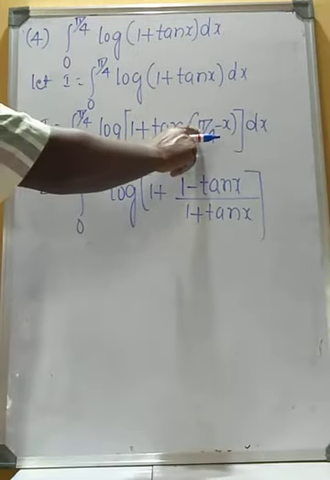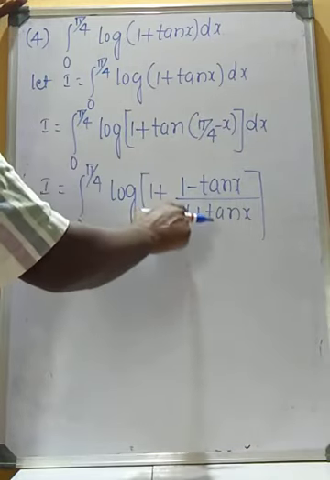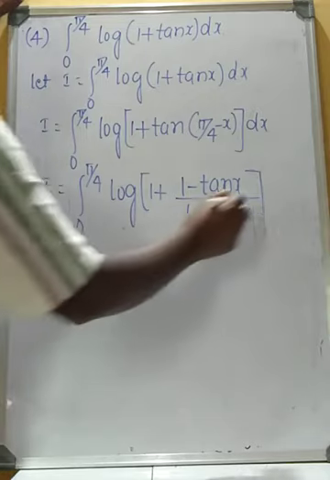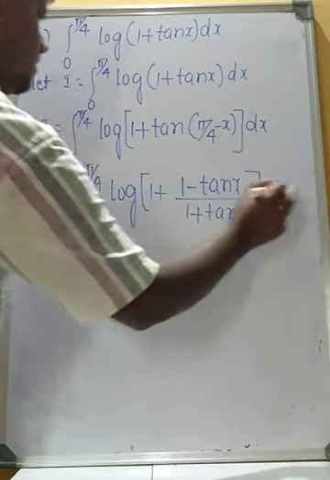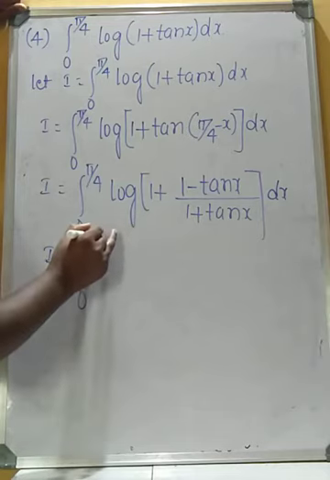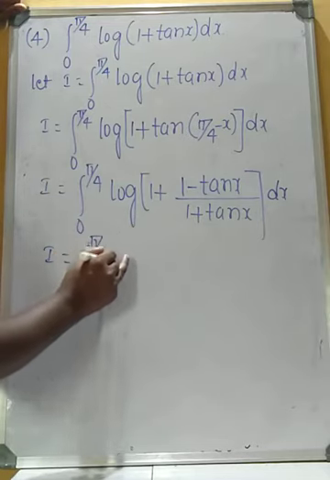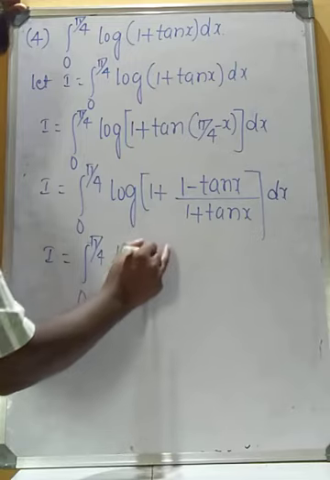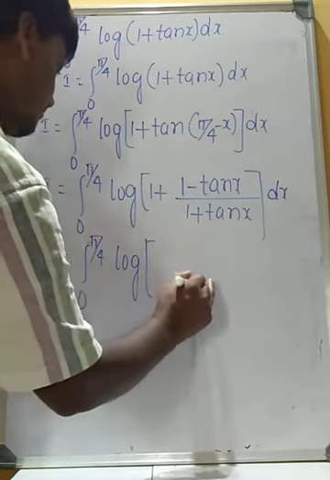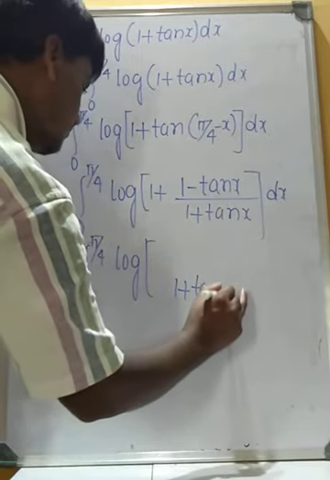Tan of pi by 4 minus x is equal to 1 minus tan x divided by 1 plus tan x, into dx. Therefore, I is equal to integral 0 to pi by 4 of log of, take LCM. LCM is 1 plus tan x.